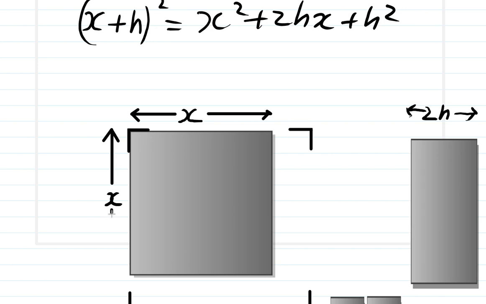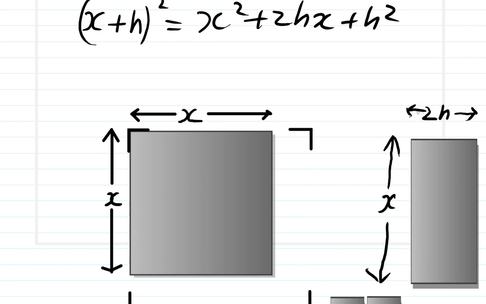This is the height. Now back to the rectangle here. The width of the rectangle is 2h. The height of the rectangle is x. It is x high. You see that? Now this is 2h.